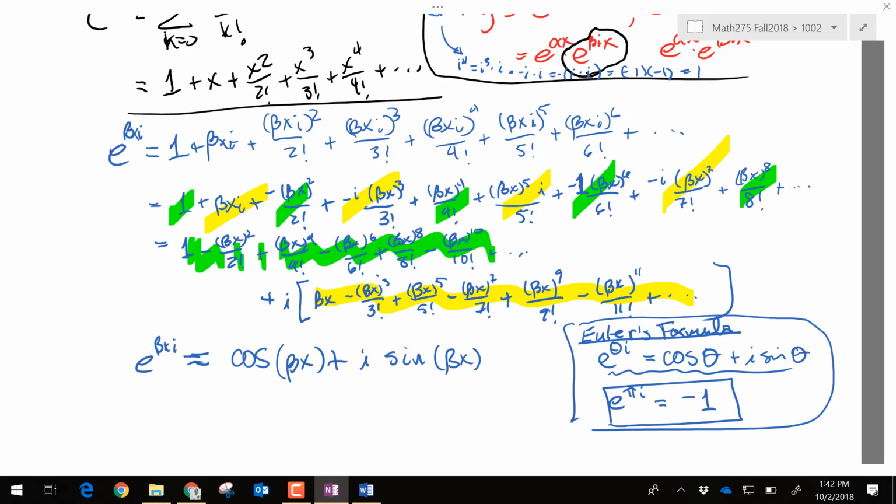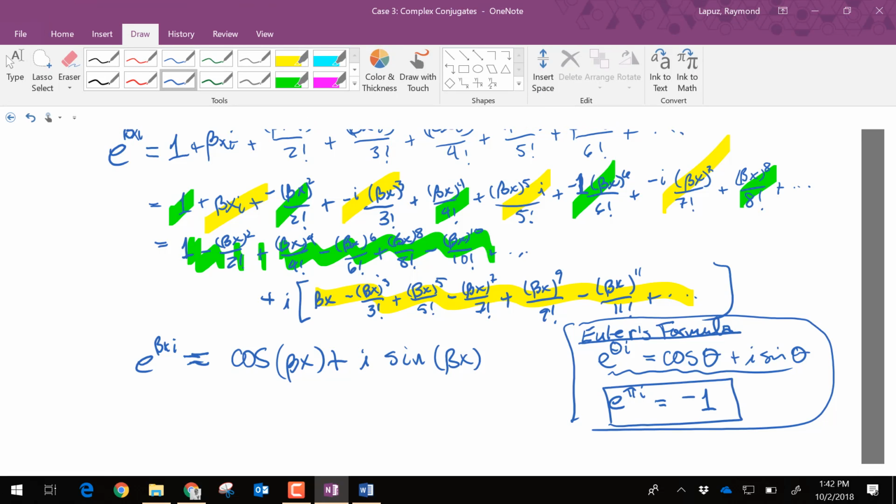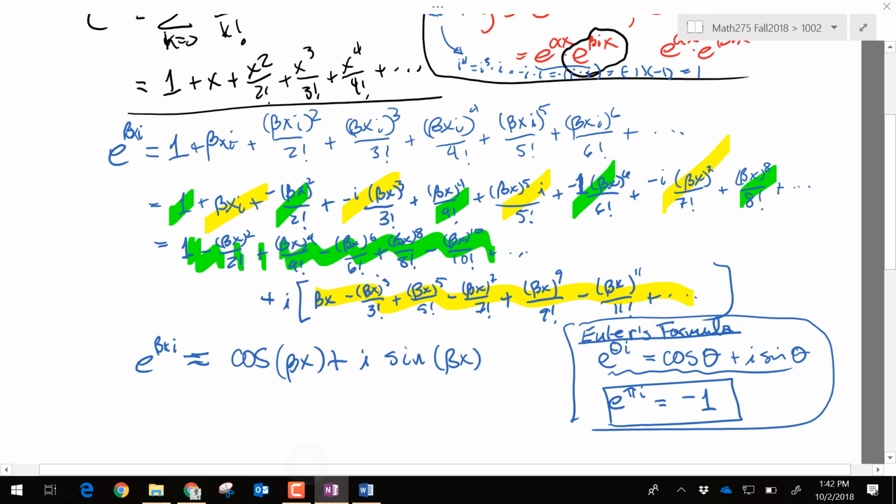So, back to our solution. Our solution is originally looking like e to the alpha times x times e to the beta i times x. So we have e to the alpha x times the cosine of beta x plus i sine beta x.